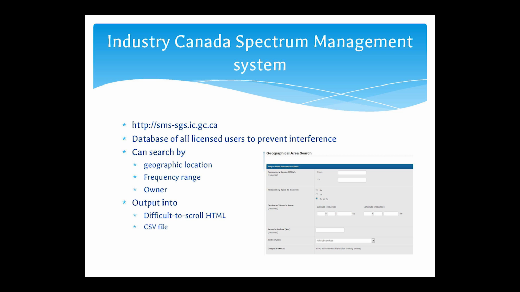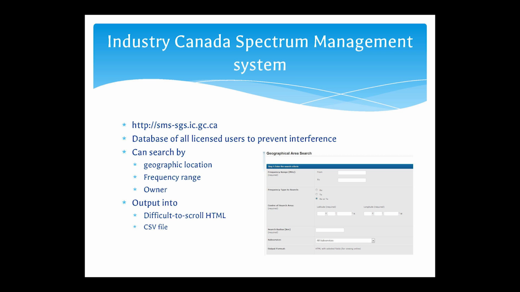All these frequencies are entered in the Industry Canada Spectrum Management System, a huge and extremely important database that includes all the sites, what areas they cover, and what frequencies they cover, and that is used when doing all the planning to make sure that the primary purpose of the license system is met: when you pay for a license, you're guaranteed no one is interfering with you.